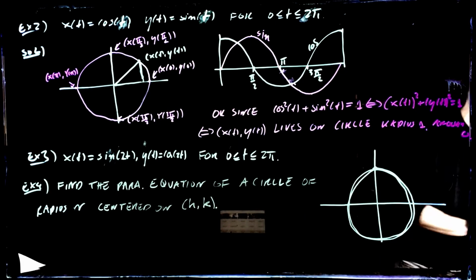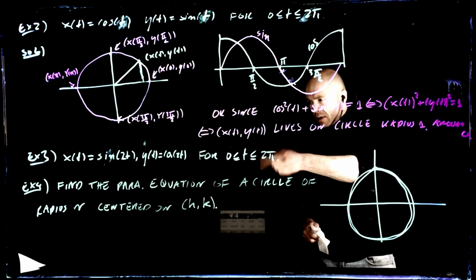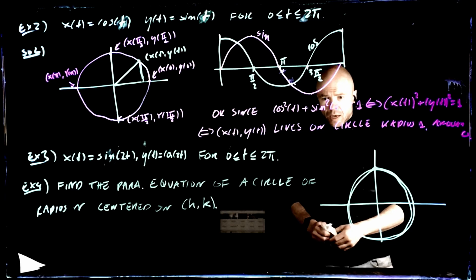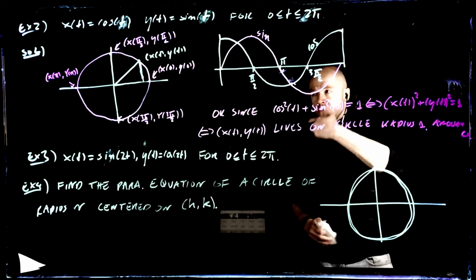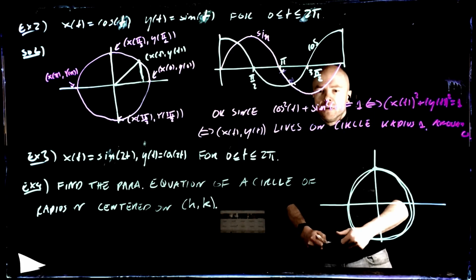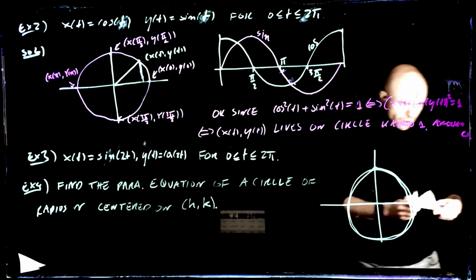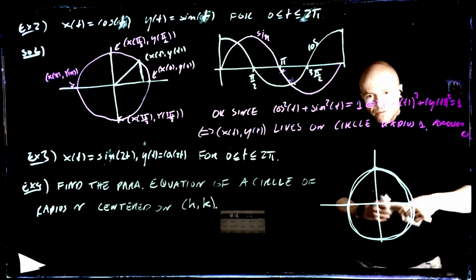Think about how we did a circle before. Now we've got to do this except it's centered on (h, k). How can we express the fact that a circle is centered on (h, k)? So these circles are all centered on 0. How can we express the fact that we want it centered on (h, k)? What would the x of t be? What would the y of t be?